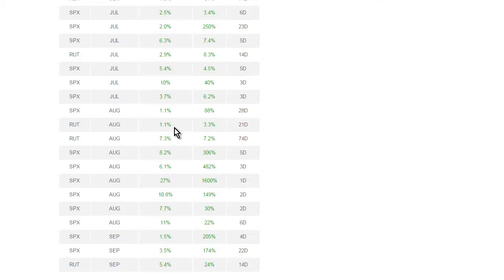And so 1%, 3%, 7%, 8%, 300%, 6, 482, 27%, 1600, 10, 149, and so on. You'll see that a lot of these portfolio margin trades are making tremendous returns.